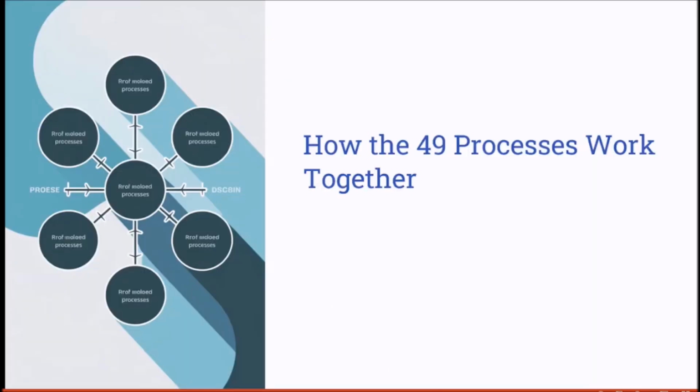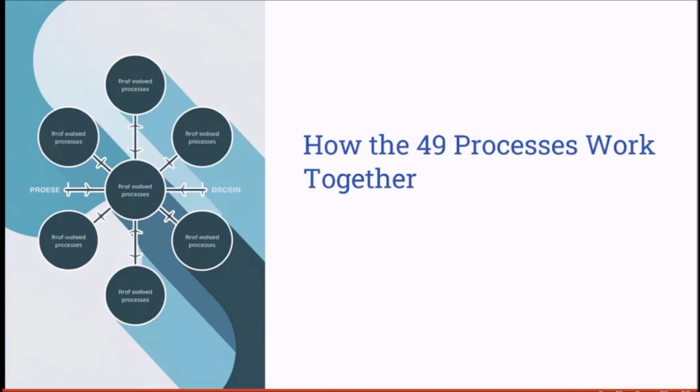But how do the 49 processes work together? The processes are not isolated and they interact dynamically. And many processes are iterative and refined over time. An example here is risk management, which is ongoing through the whole project life cycle.